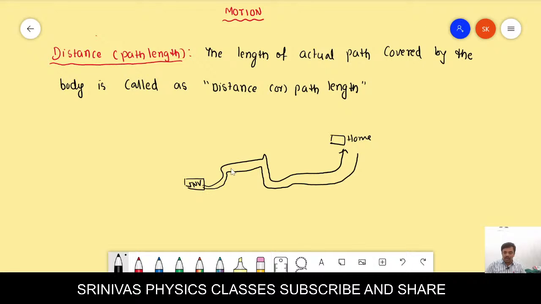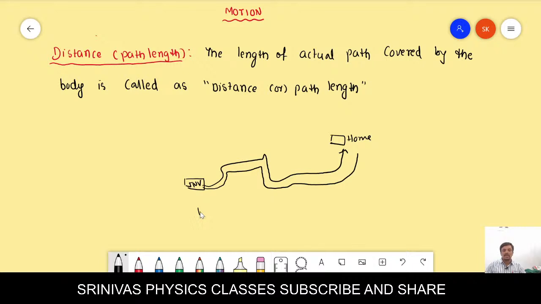This is the actual path. The actual path is zigzag. Actual path means the way along which you travel. आप कैसे ट्रैवल करेगा, किस पाथ में आप ट्रैवल करेगा, उस पाथ को हम लोग एक्चुअल पाथ बोलता है, right? This actual path length is called distance.